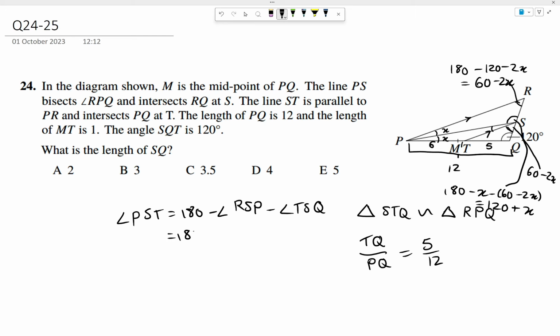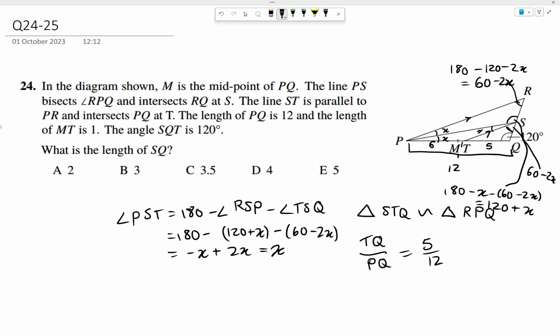So this is equal to 180 minus 120 plus x minus 60 minus 2x, and that is equal to, 180 minus 120 minus 60 is 0. So this is minus x plus 2x, which is just x.